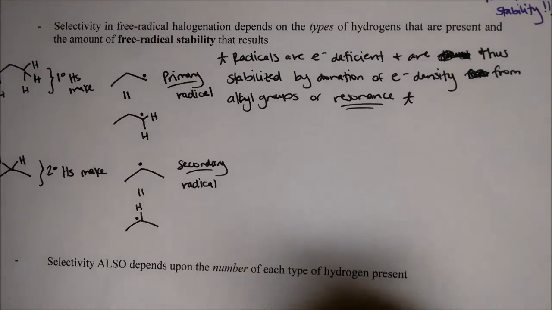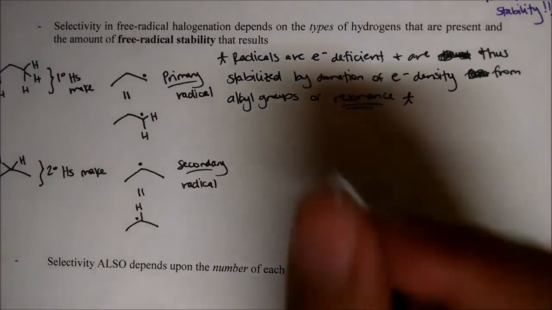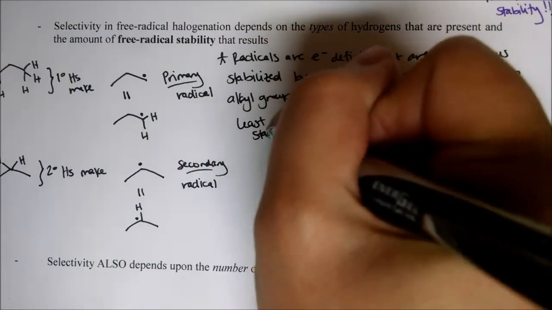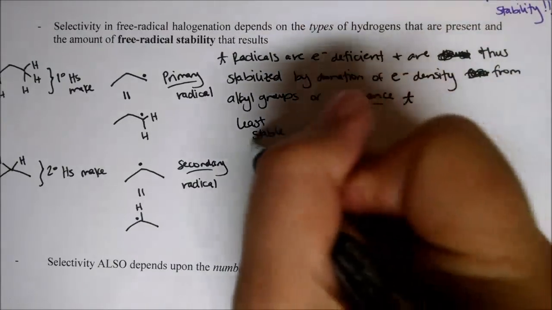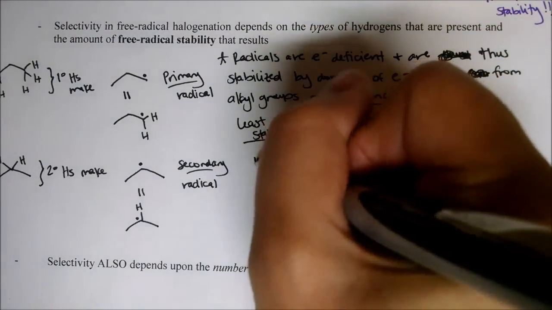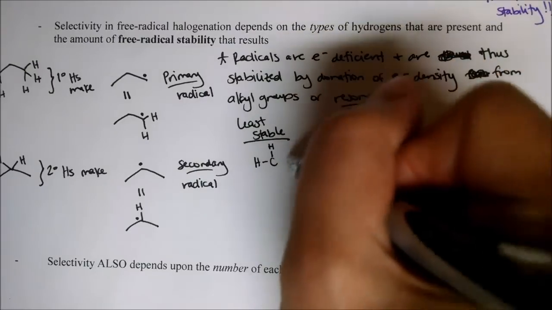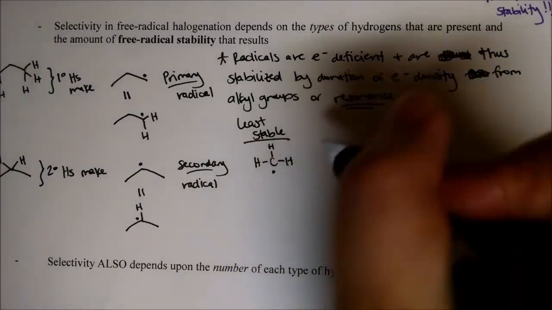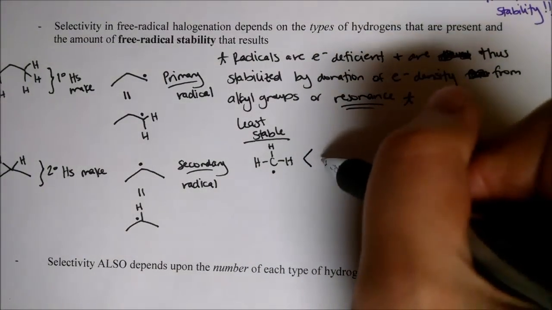So in terms of stability between the different radicals you can make, the least stable radical you can make is the methyl radical. It doesn't have any other alkyl or anything to donate electron density to help stabilize it. What's the next least stable?